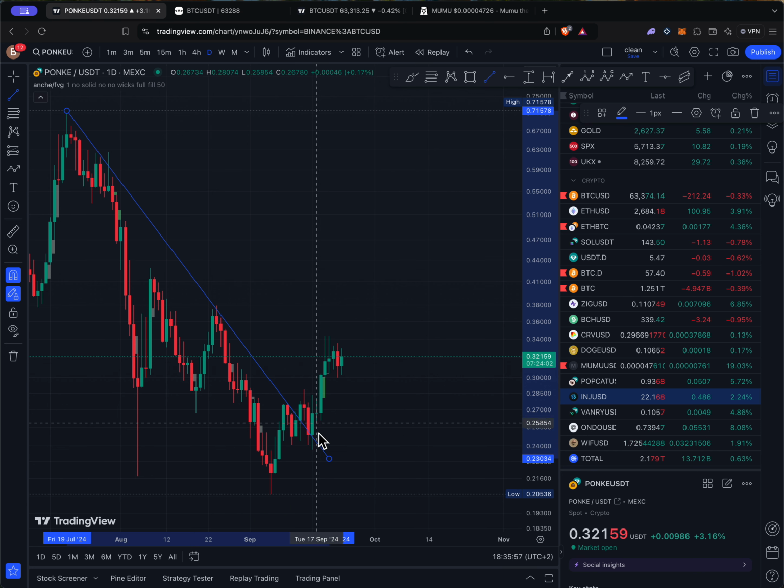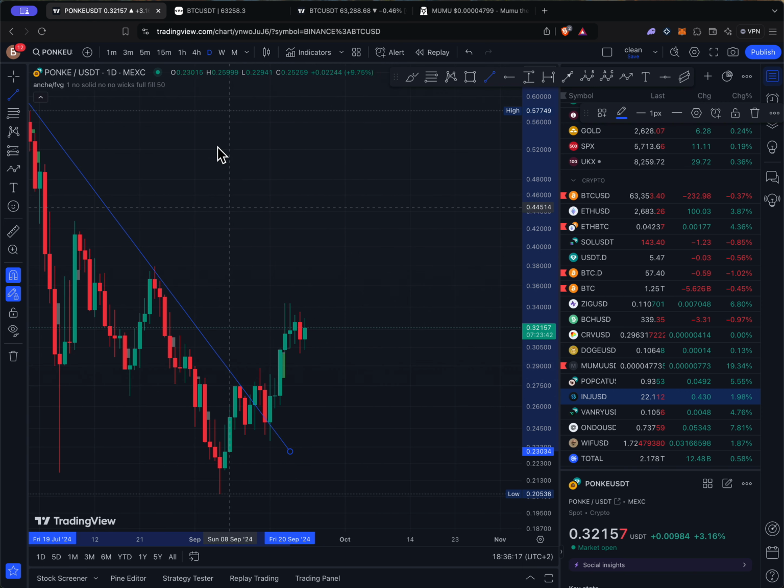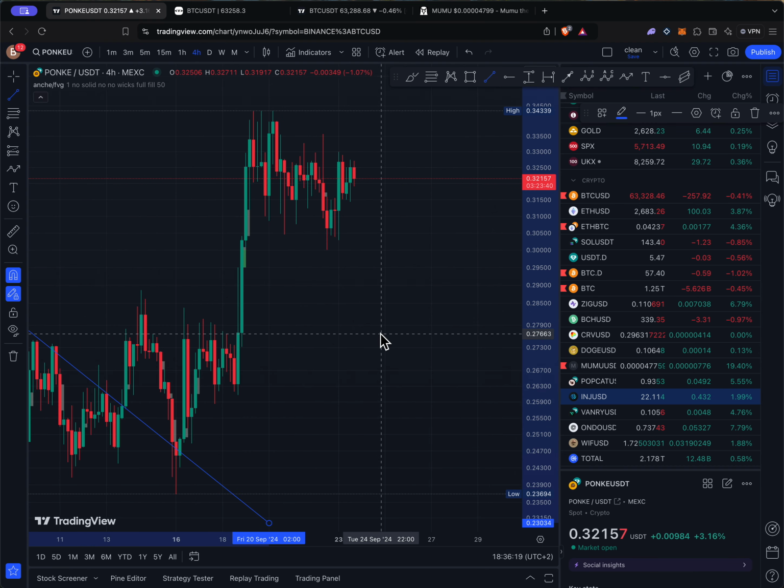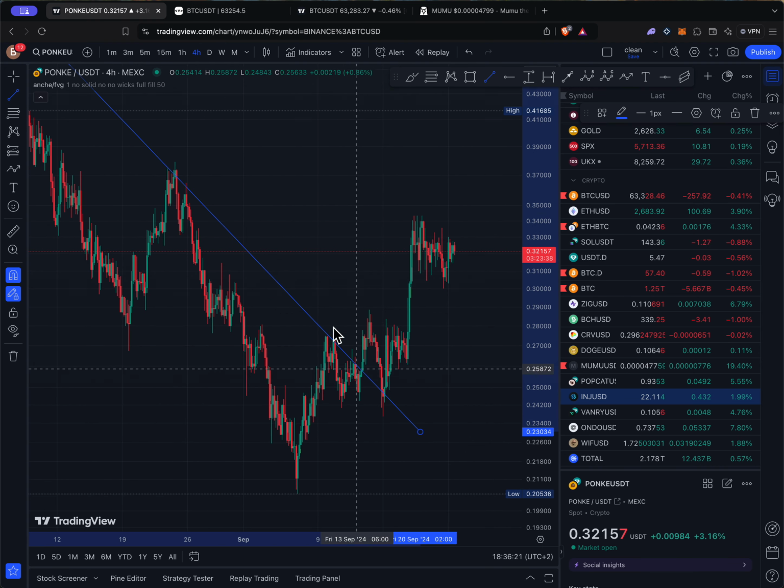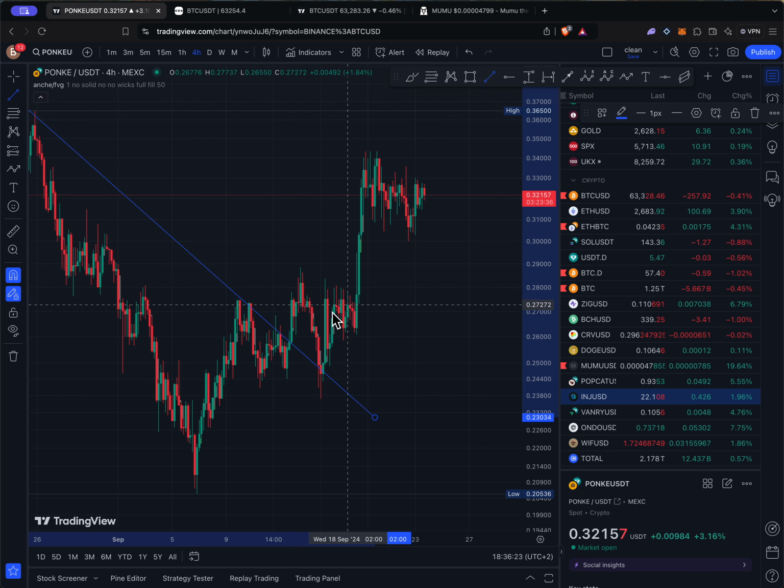If I would have seen, when was this? Mid-September, this would have been my entry in here. This zone here, DCA until max here, stop loss underneath this one. This would have been a perfect entry with a perfect triangle scenario. And now, going on a lower time frame, here you can see it better.